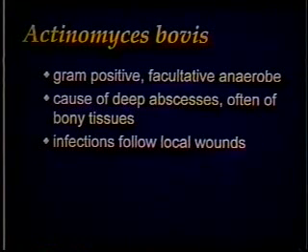The genus Actinomyces has one species of particular importance, Actinomyces bovis, and this produces a localized abscessation in the hard or bony tissues. These are deep abscesses, very difficult to treat, and follow wounds usually in the mouth from plant awns or other insults to the mucous membranes of the oropharynx, resulting in the penetration of the organisms and abscessations that may be formed.